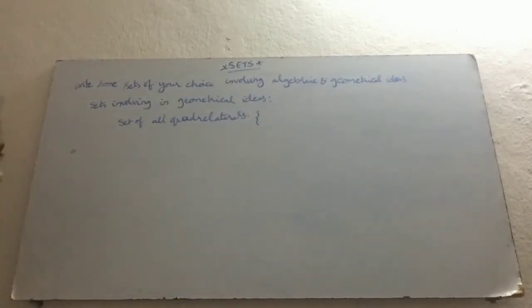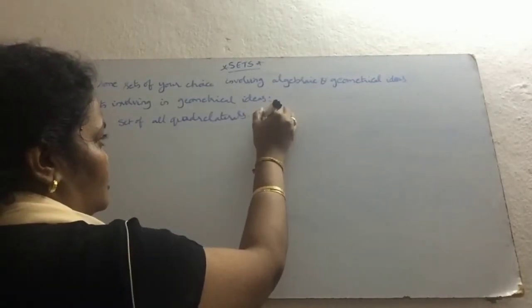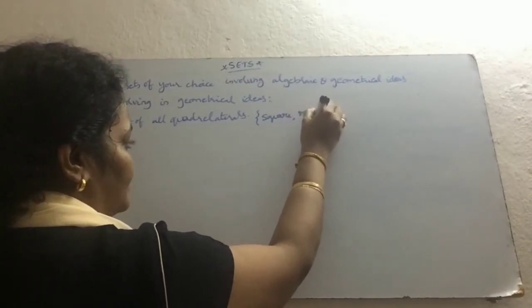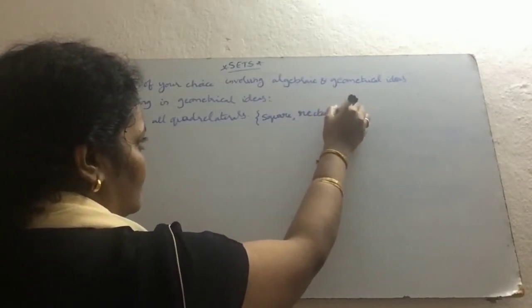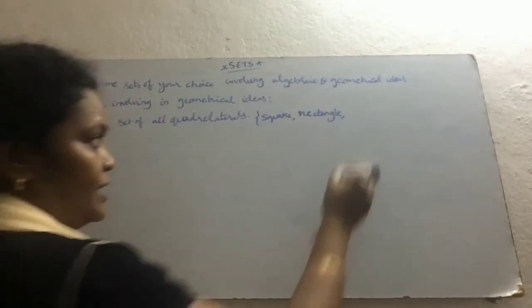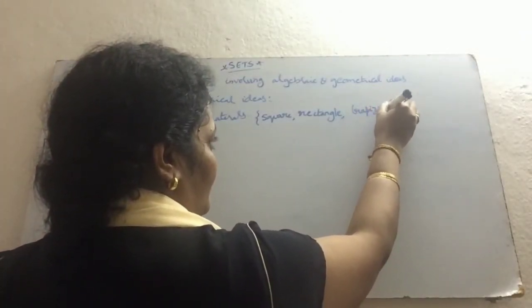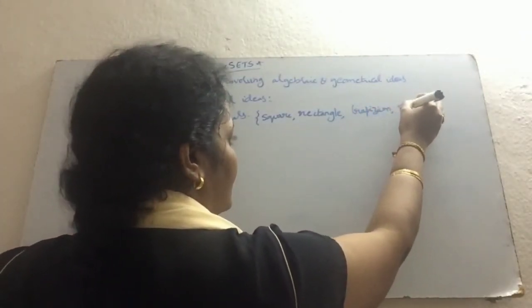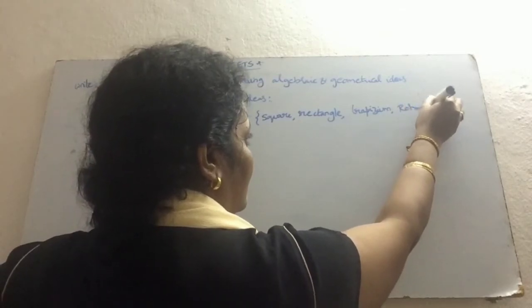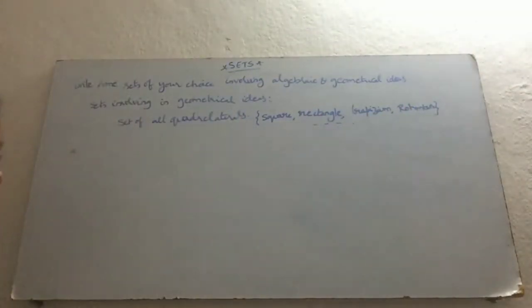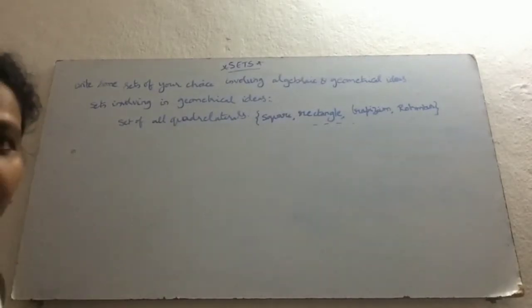What are those? Square, rectangle, trapezium, rhombus, like that and so on. So set of all quadrilaterals.